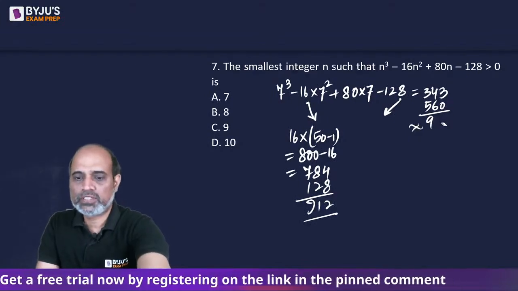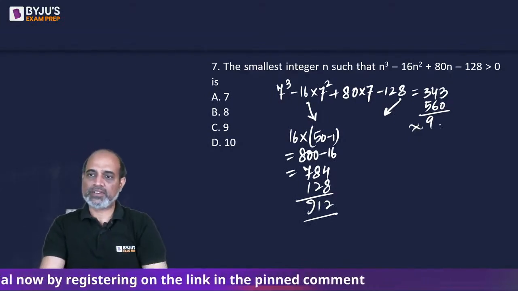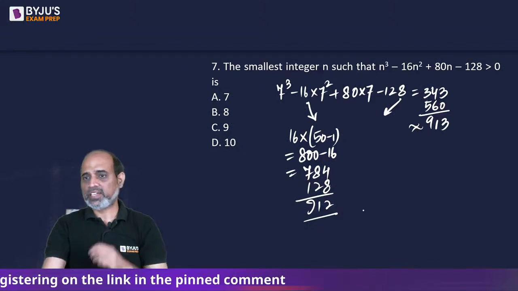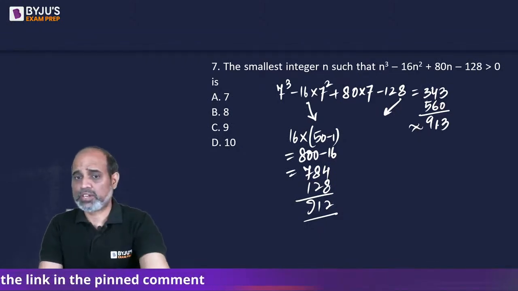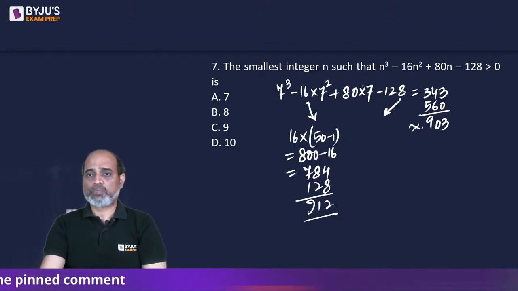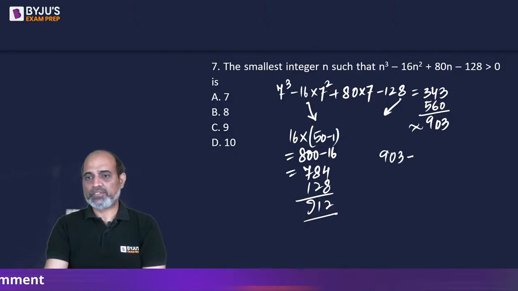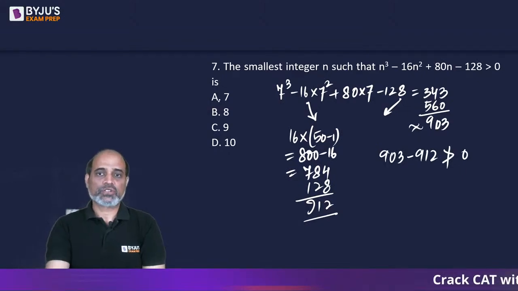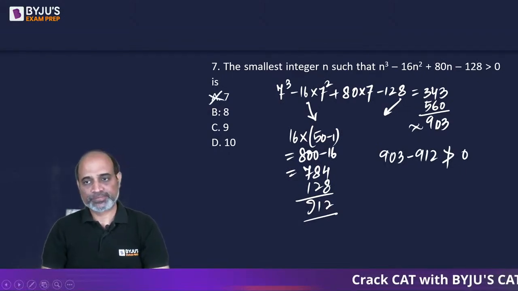Let's solve the positive one as well. Sorry, 903. So the positive one is 903, negative one is 912, so this is definitely not greater than 0. So 7 is not that smallest integer.